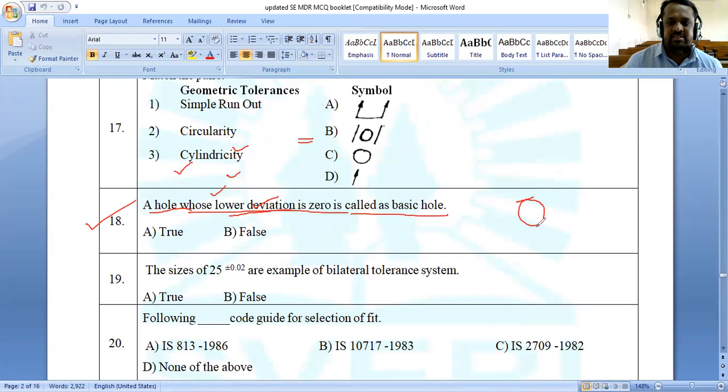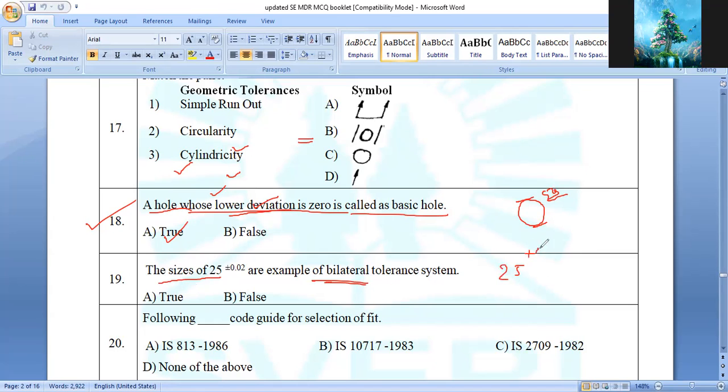Okay, lower deviation is 0, then it is called the basic hole. Yes, it is correct, no? If its lower deviation is 0, then it is the basic size. Okay, it's correct. The size of 25 plus minus 0.02 is an example of the bilateral. Whether it is bilateral or unilateral? Bilateral. It is correct.